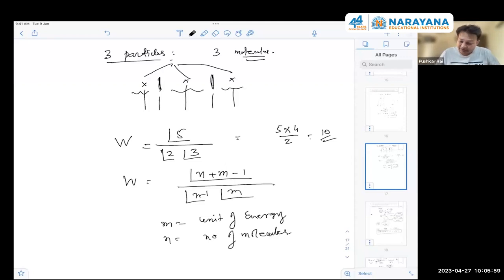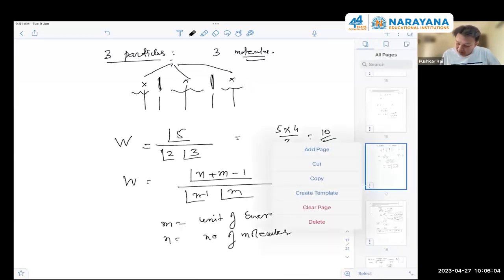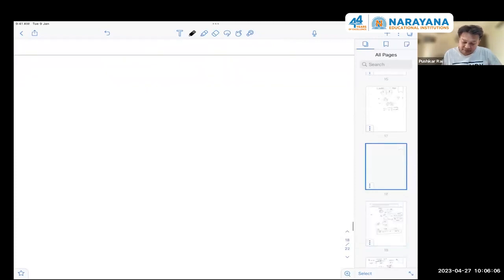Else you can also write this by a formula. The same problem you can also do by the formula. What formula do you understand? S is equal to minus nR xi ln xi. Sorry, T is not there. This T is also in the G. So minus nR ln xi. This is the entropy of mixing.